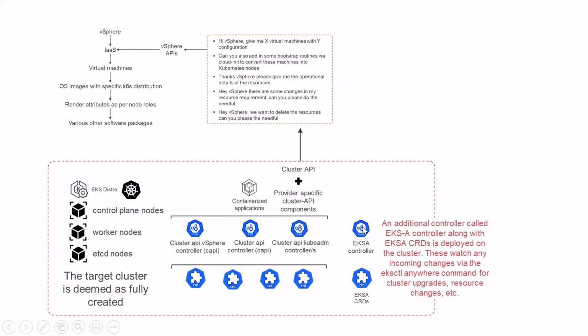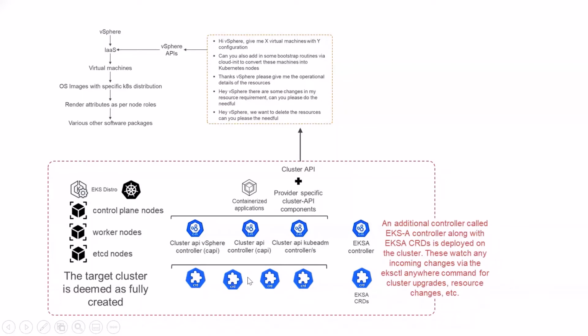So controller. And when you are doing EKSCTL upgrade cluster in terms of whatever resources, Kubernetes versions, this, that, whatever, the calls are heard by this EKSA controller, and in association with these CRDs, these CRDs are undergoing the change, right?